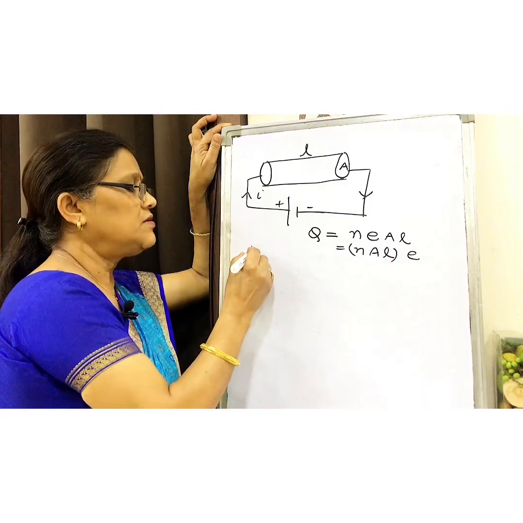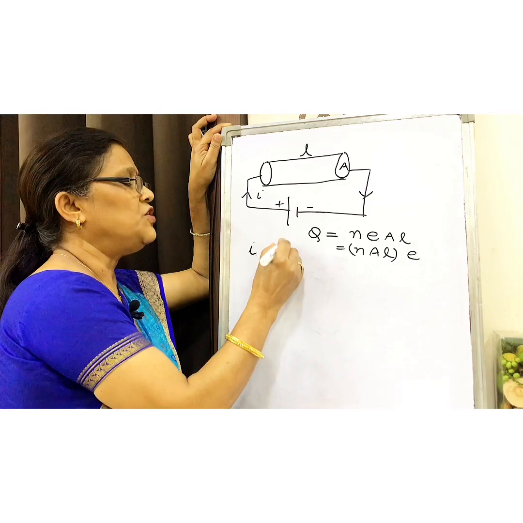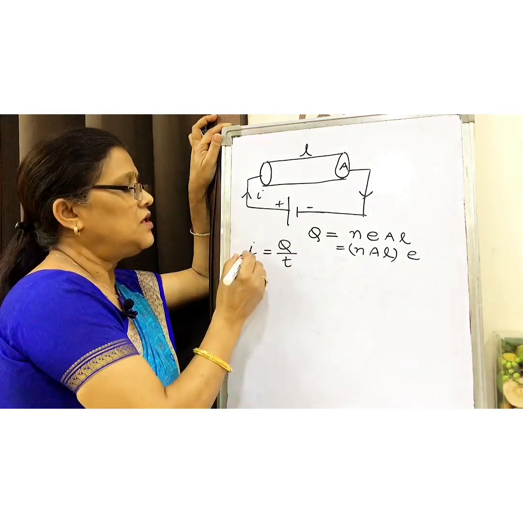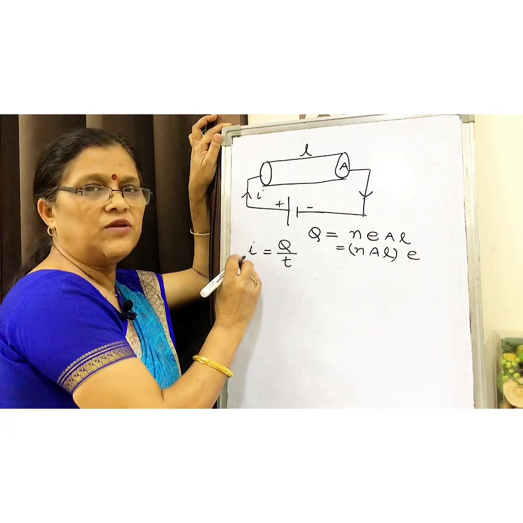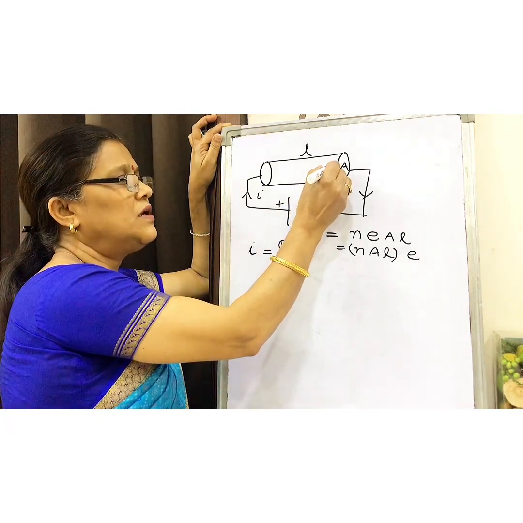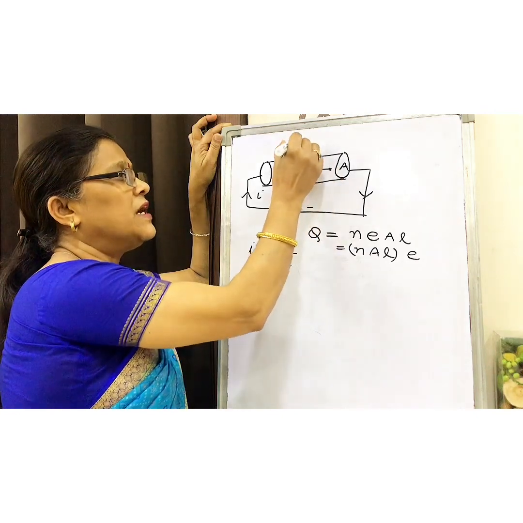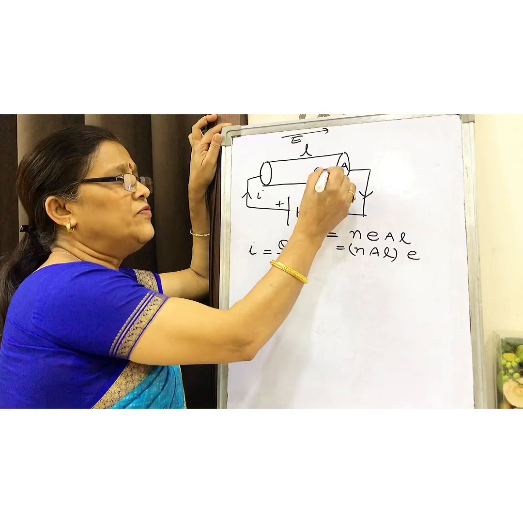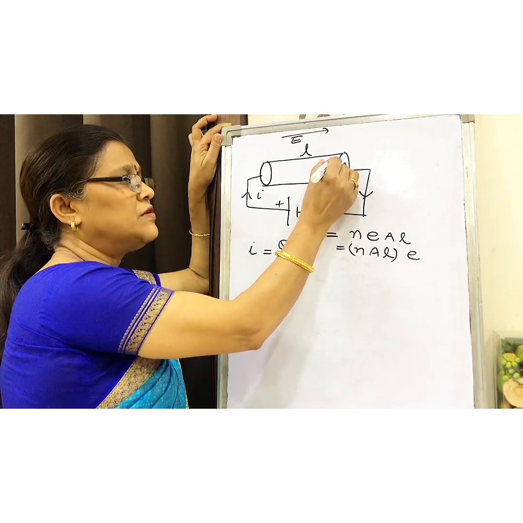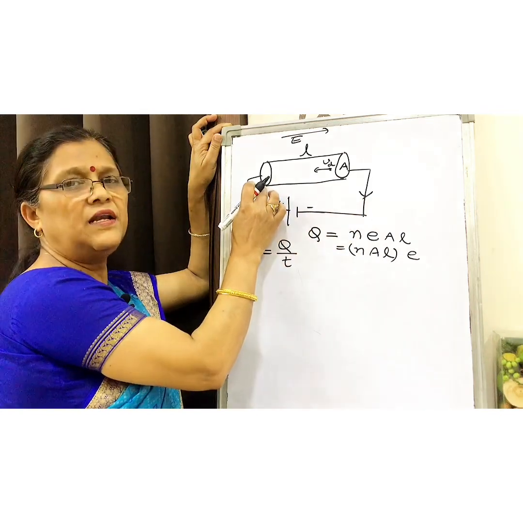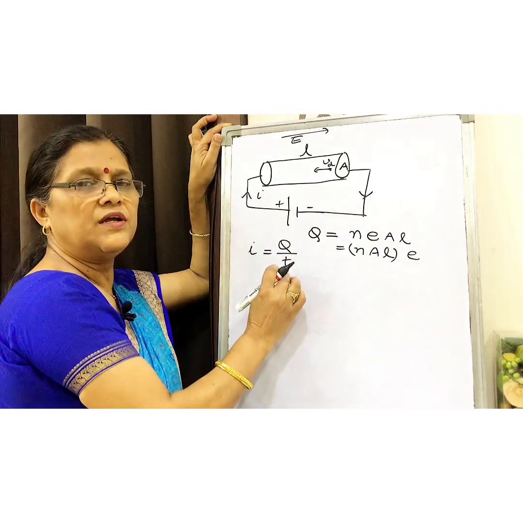What is the current through a conductor? I is Q by t, the rate of flow of charge. So in this way we can find the value of I. Now the free electron, with the electric field in this direction, drifts with velocity Vd. Suppose it covers the whole length L in time t.